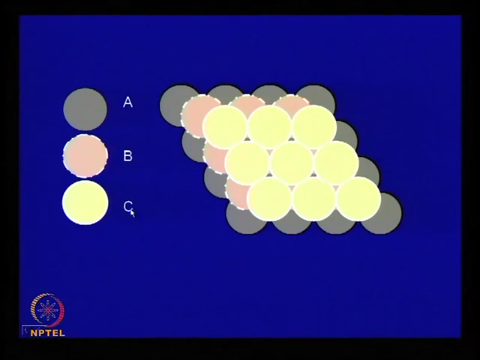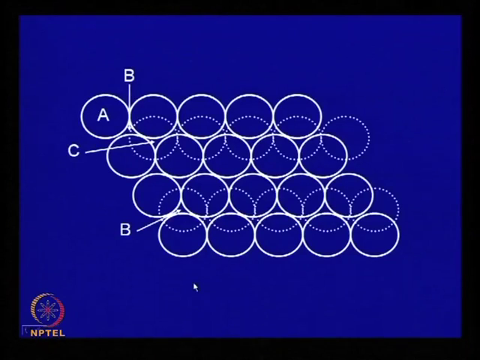So, in face centered cubic crystals, the 1 1 1 planes are arranged in the sequence A B C like that. Now, what happens if this sequence is disturbed, which is shown over here?